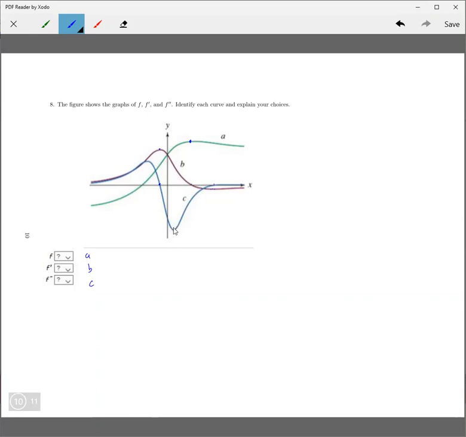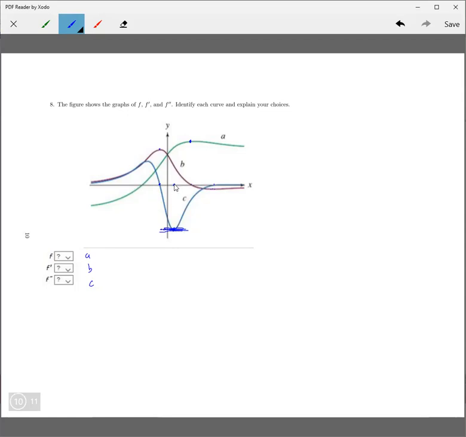Could C be the original? If C has a horizontal tangent here, the derivative is 0. But neither A nor B intersects the x-axis right there. So C can't be it. Where it has a horizontal tangent, the derivative has to intersect the x-axis because the derivative is 0.